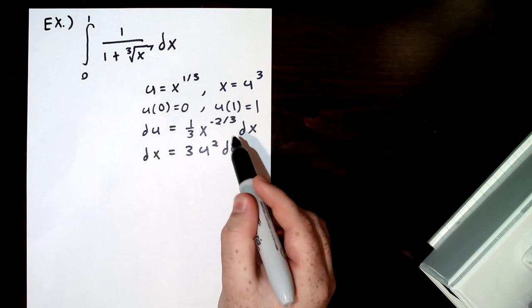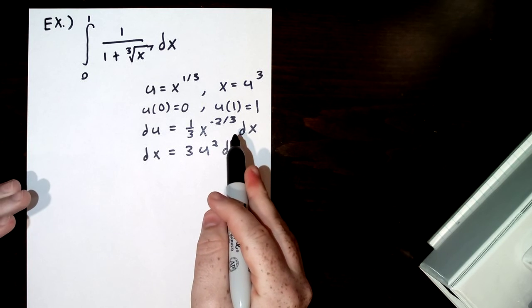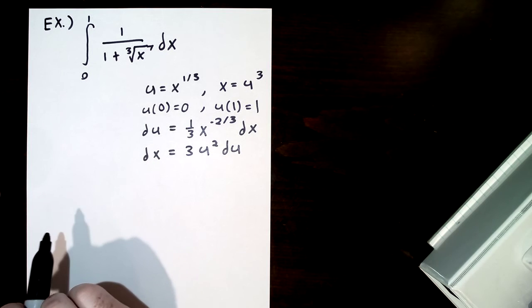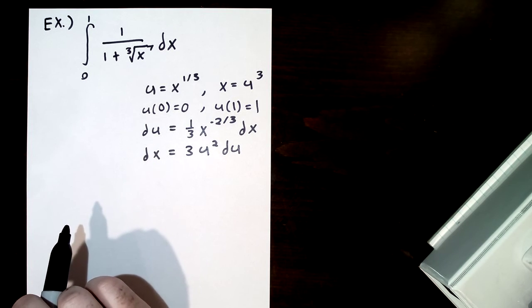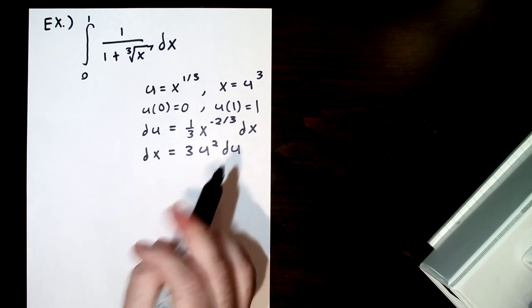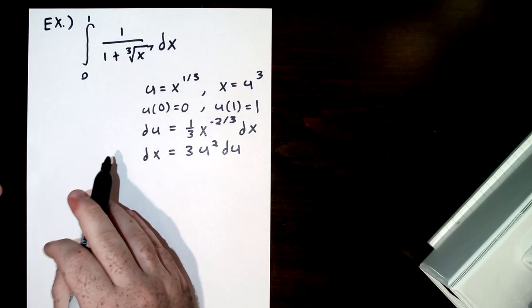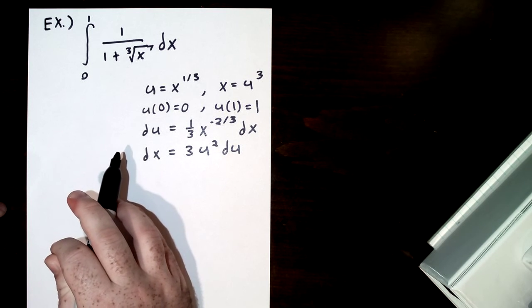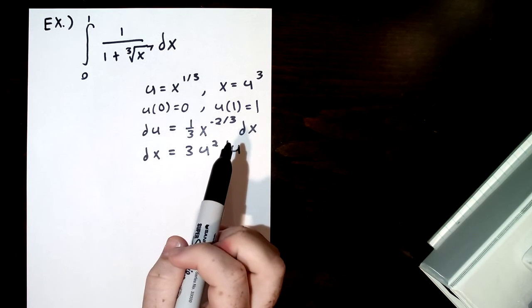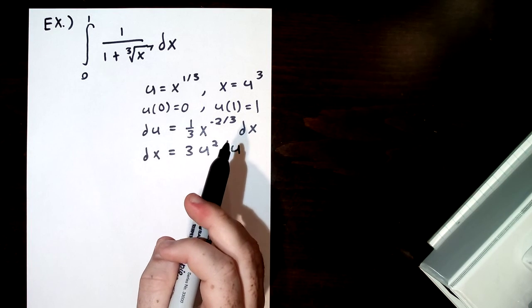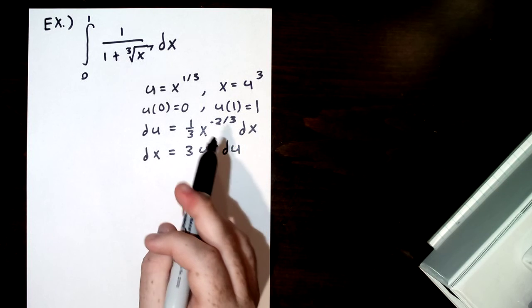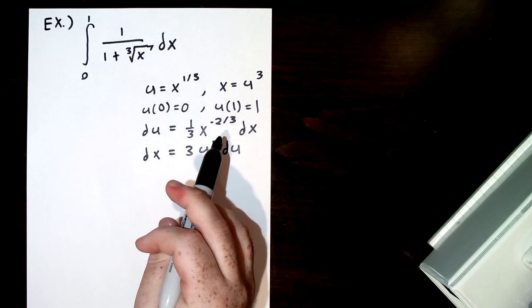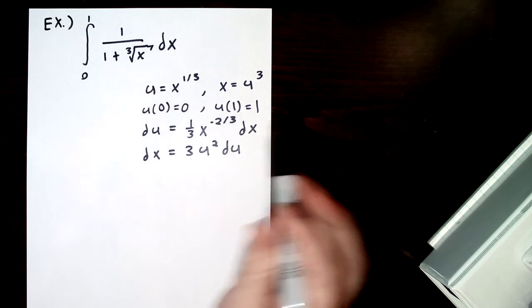Then, if we multiply everything to the other side, we would get x to the 2/3.